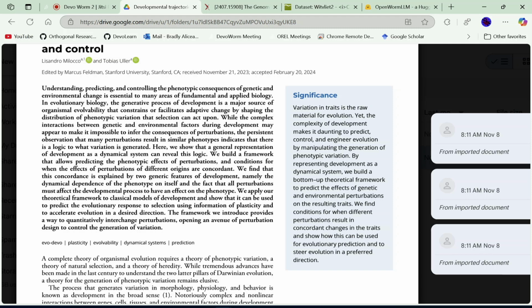We apply our theoretical framework to classical models of development and show that it can be used to predict the evolutionary response to selection using information on plasticity and accelerate evolution in a desired direction. The framework we introduce provides a way to quantitatively interchange perturbations, opening an avenue of perturbation design to control the generation of variation.